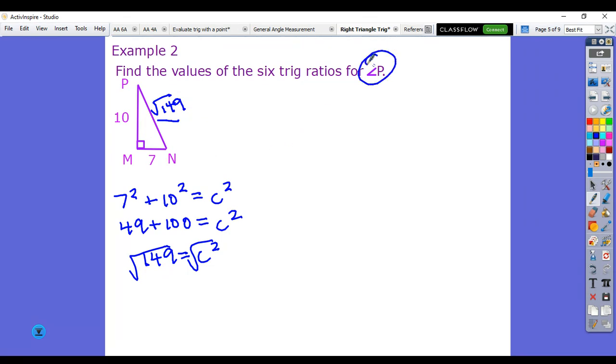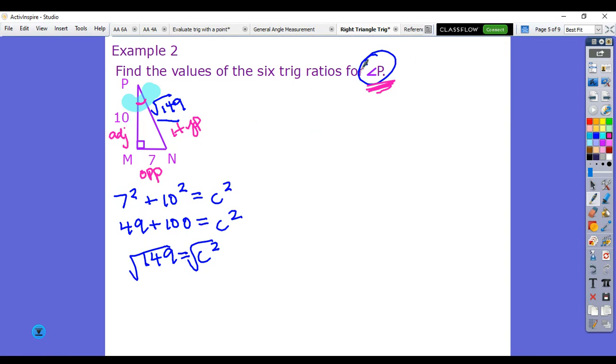And this is talking about angle P. So we mark angle P. Super important: the first thing you want to do once you know all three sides is mark the angle. Because you go across from the angle, that's the opposite. Go across from the right angle, that's the hypotenuse. And the last one is the adjacent.